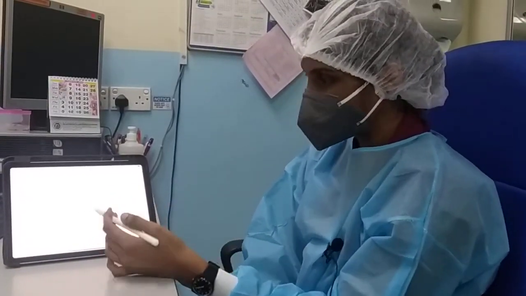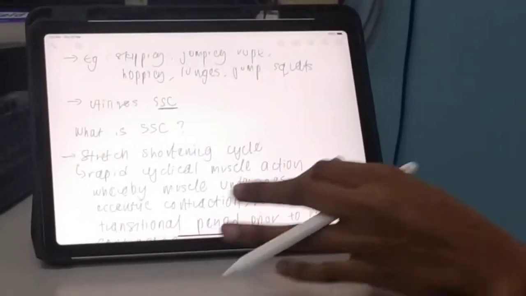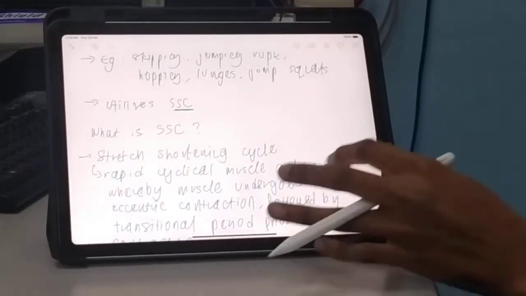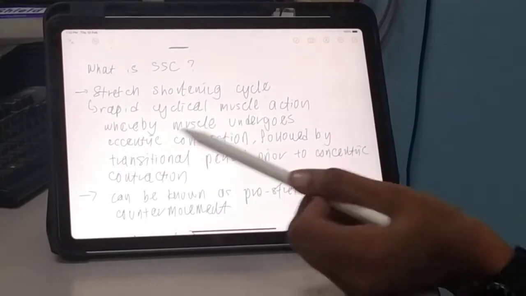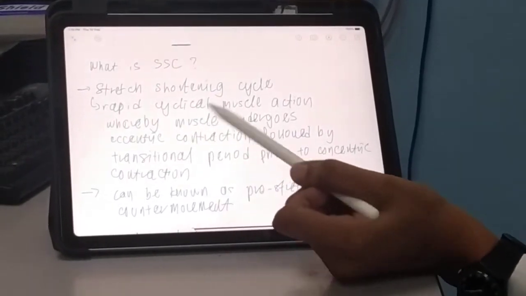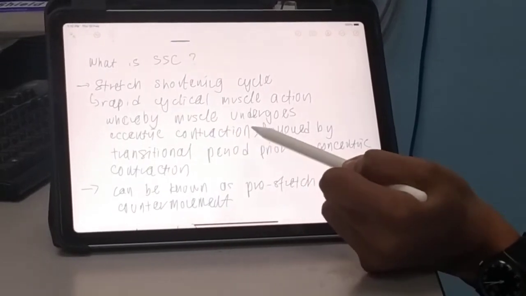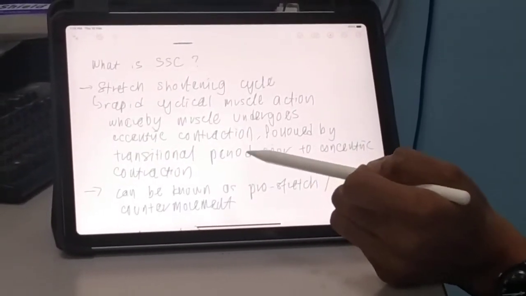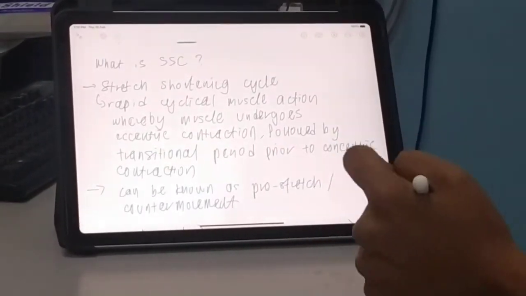In this SSC, there are two phases I talked about just now, concentric and eccentric. First we see the definition: a rapid cyclical muscle action whereby the muscle undergoes eccentric contraction followed by a transitional period prior to the concentric. It is called a pre-stretch or counter movement.